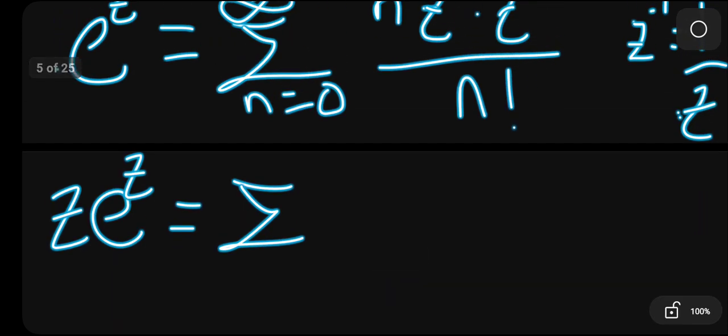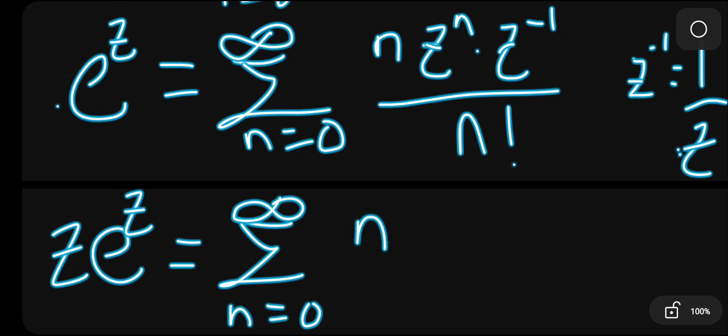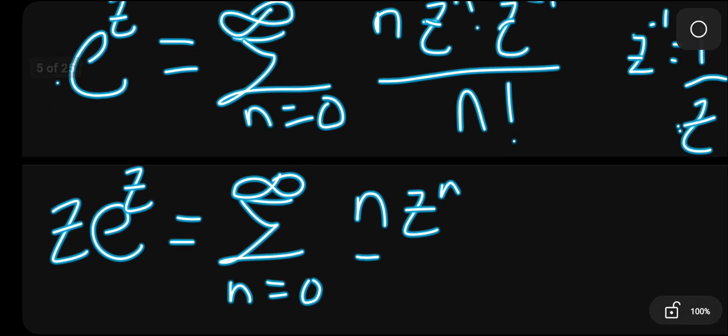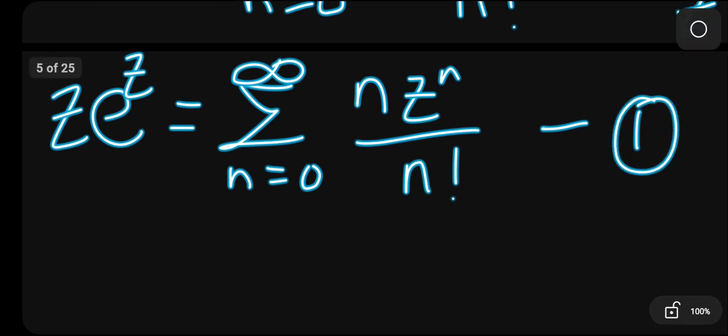the sum from n equals 0 all the way to infinite multiplying n, z power n divided by n factorial. Now this one is equation 1.